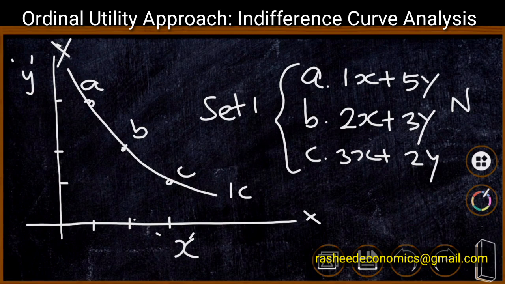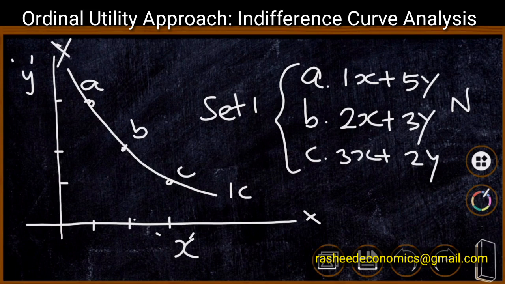Here we need to consider one important point, that is point A, point B and point C provides the consumer same level of satisfaction, and therefore consumer will be indifferent in between these 3 combinations. Since A, B and C are providing same level of satisfaction, consumer will be in confusion.